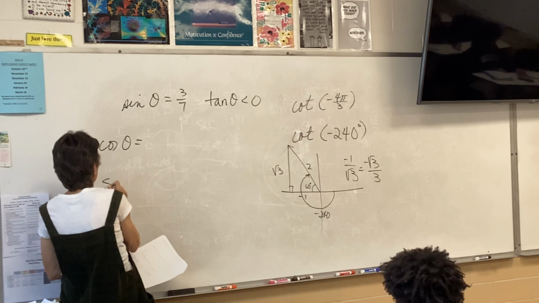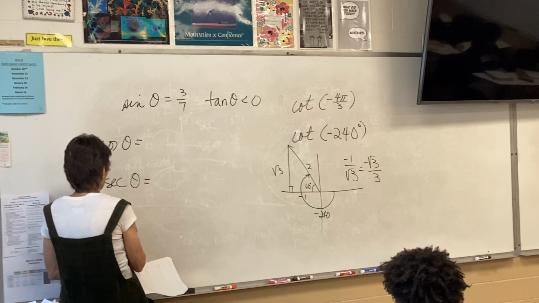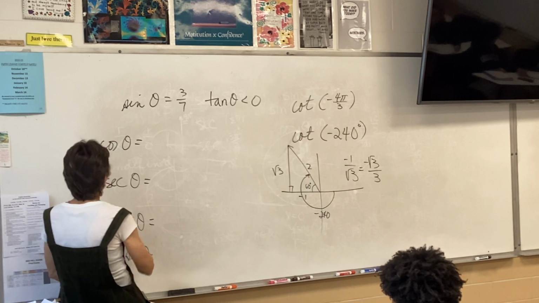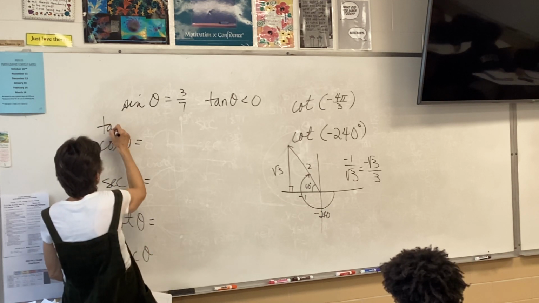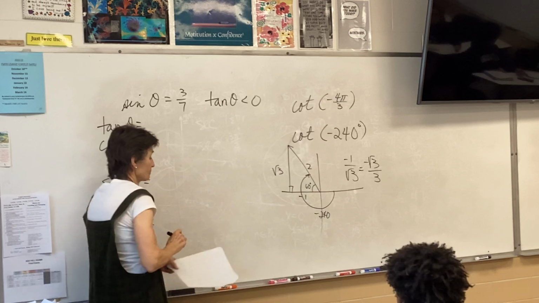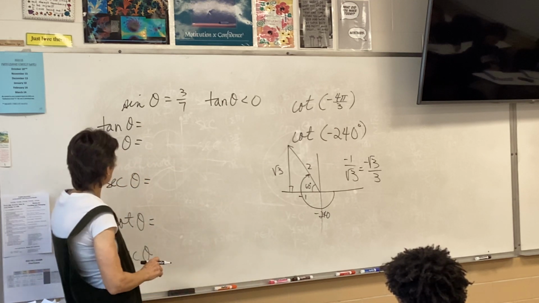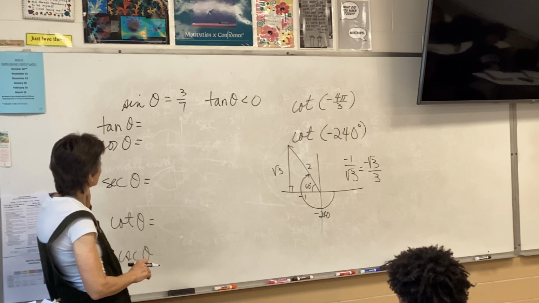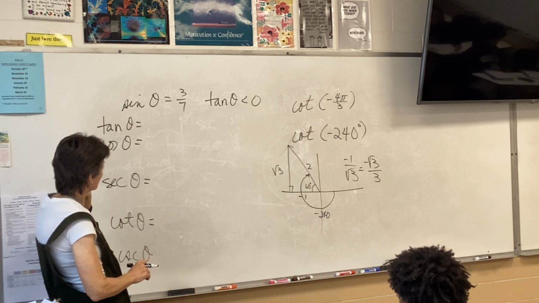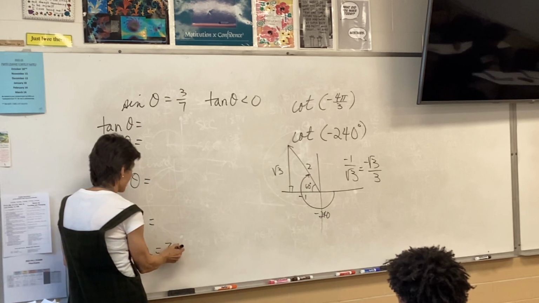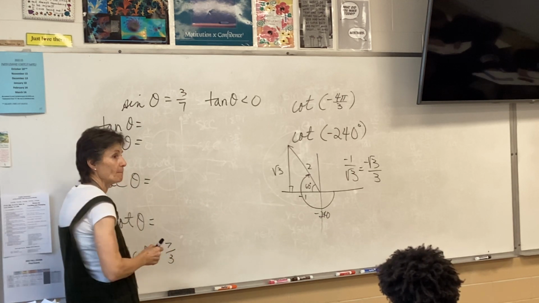So find cosine, secant, cotangent, cosecant, and tangent. All right, which one of these do I know right away? Cosecant. I know it has to be 7/3. Would you agree with that?